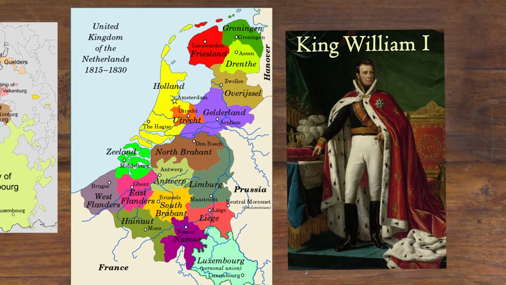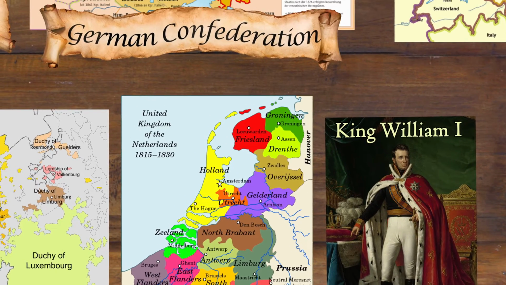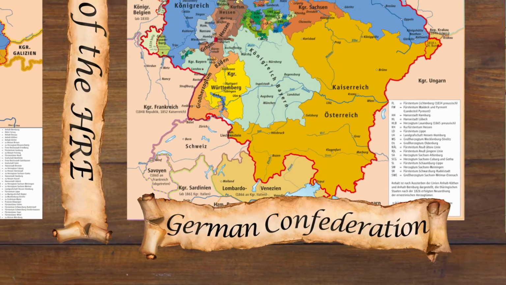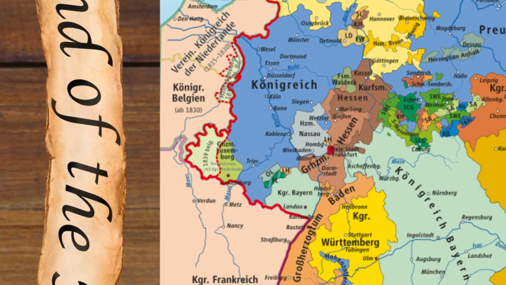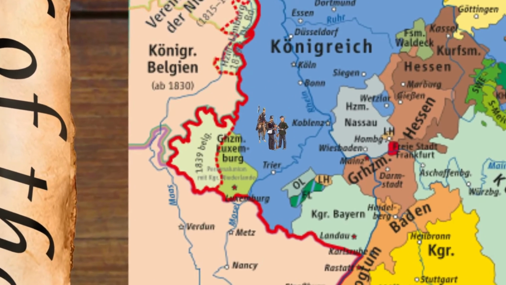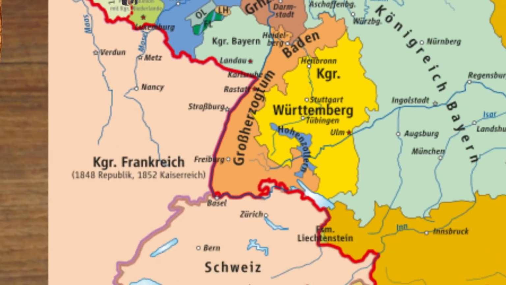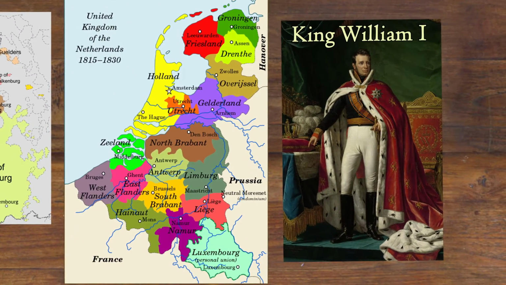And this got a bit more confusing when Luxembourg actually joined the German Confederation, giving it a mixed rule, with it being administered by the Dutch in the name of the king, but militarily it was under the control of Prussia. 15 years after the United Kingdom of the Netherlands was created, the Belgian Revolution happened.